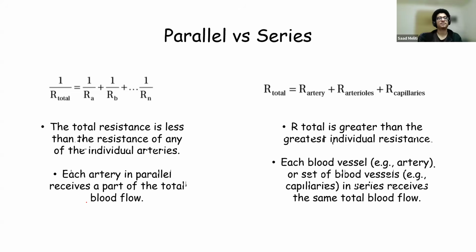Okay? And what we said here is that each artery in parallel receives a part of the total blood flow. I explained this before. When we have parallel flow, now imagine that these are the blood vessels again. Now let's imagine that this is the aorta, and we have a cardiac output of 5 liters going through it. And this is parallel circulation, okay?